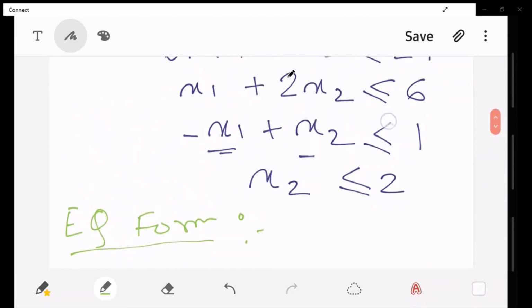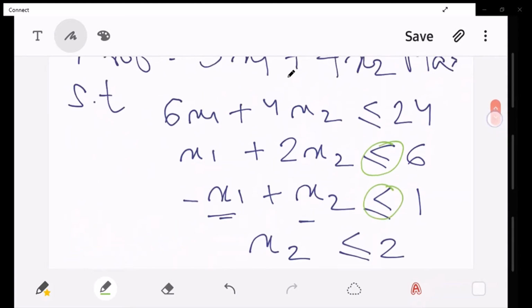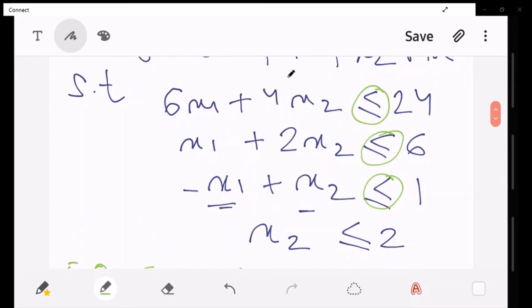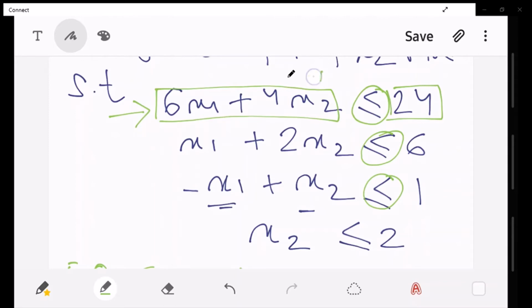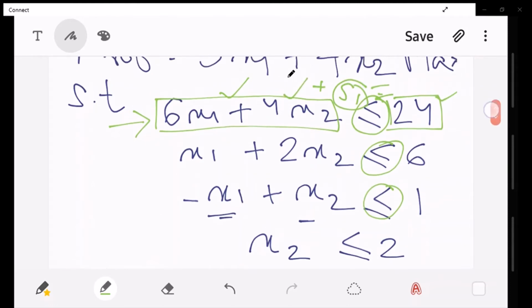These inequalities will be removed and made equal. How do we make the less than inequalities equal? This constraint means the left hand side is less than the right hand side by some value. So if I add some value, let it be s1, then it may become equal. Because this side was less, I added something more, so now both sides are equal.